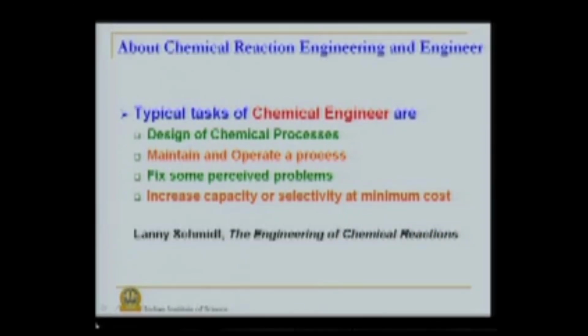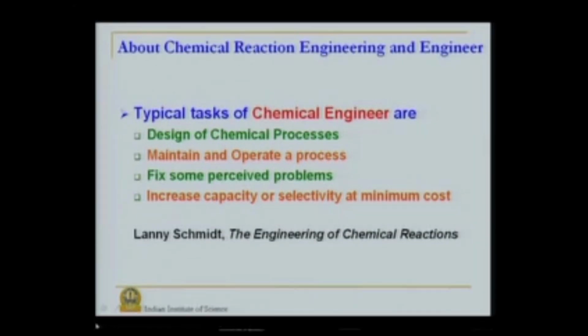So, what does a typical chemical engineer do as far as reaction engineering is concerned? The first and foremost is the design of chemical processes. That is, you have a reaction, somebody has worked it out at lab scale, and you now want to design the complete process for making the desired chemical. Another scenario is a process plant which is operating, and you want to maintain that process going continuously or operate the reactors and so on.